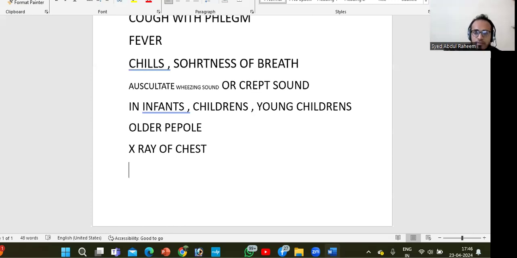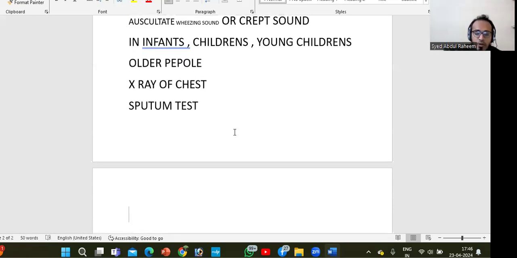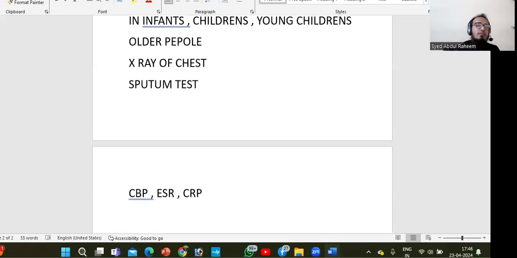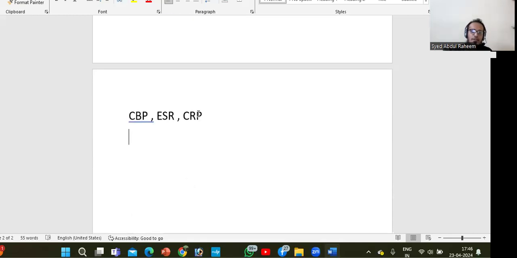And sometimes a sputum test shows which type of bacteria or virus is infecting. And you need basic CBC, ESR, and CRP to see the inflammation and any infection of the body. These are the common tests we advise.